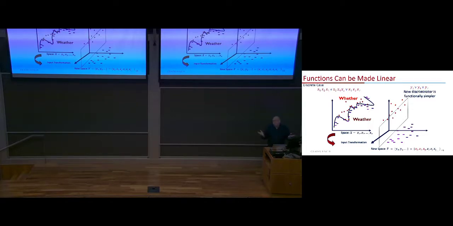Maybe it won't work. Maybe it will not be good enough. Maybe it will just approximate the function. But what is clear is that it will approximate the function better than just working in the original space, x1 up to xn, because it's a more expressive representation.